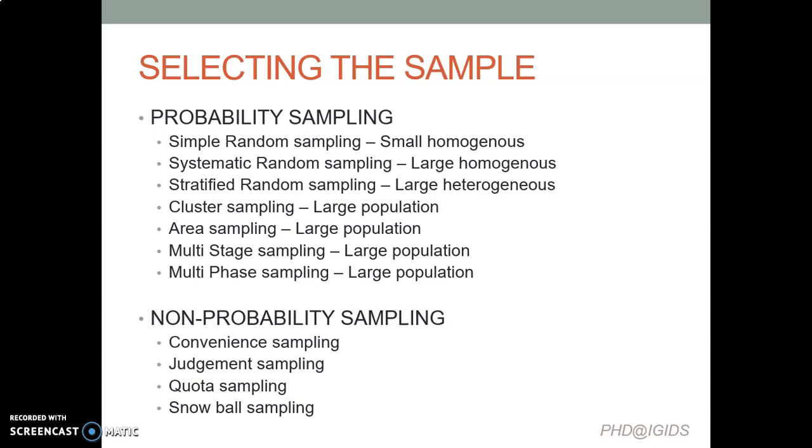So in probability sampling, this is not a very large population to do a multi-stage or multi-phase. It is neither a very small population to do a simple random or systematic random. What you can consider is a stratified random, a cluster sampling or an area sampling. Cluster, I told you, there are 10 schools. From the 10 schools, randomly select 5 schools. That becomes a cluster.